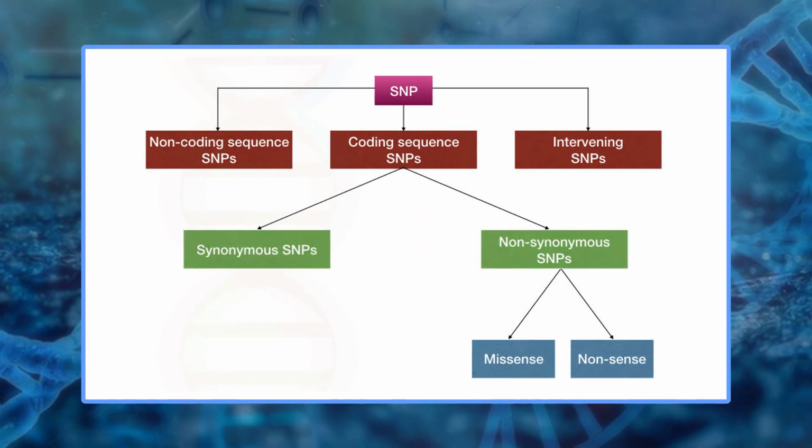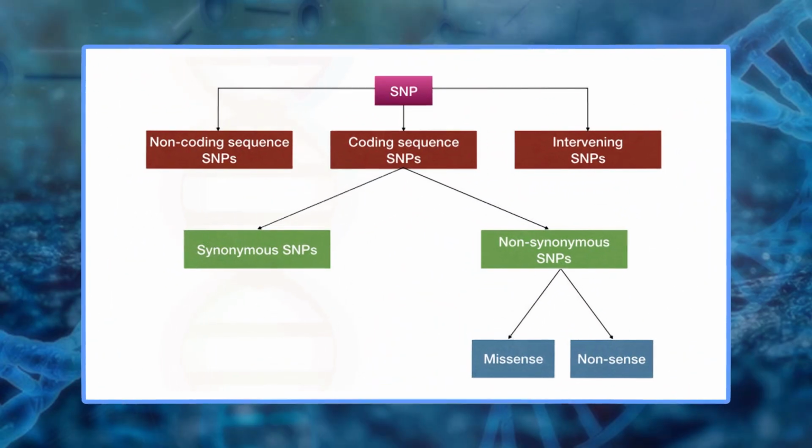So SNPs in the coding region are of two types. One is synonymous and another is non-synonymous SNPs. Synonymous SNPs do not affect the protein sequence, while non-synonymous SNPs change the amino acid sequence of proteins. The non-synonymous SNPs are of two types again, missense and nonsense.